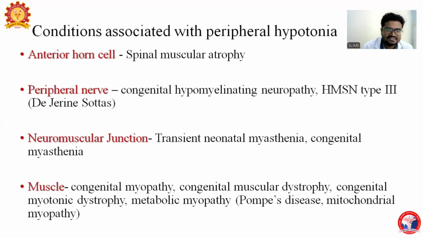Disorders affecting the muscles, like congenital myopathy, congenital muscular dystrophy, which includes Duchenne's muscular dystrophy, Becker's muscular dystrophy, Emery-Dreifuss muscular dystrophy, facioscapulohumeral muscular dystrophy, and congenital myotonic dystrophies, and metabolic myopathies. Metabolic myopathies are myopathies secondary to inborn errors of metabolism, like Pompe's disease or the mitochondrial myopathies.